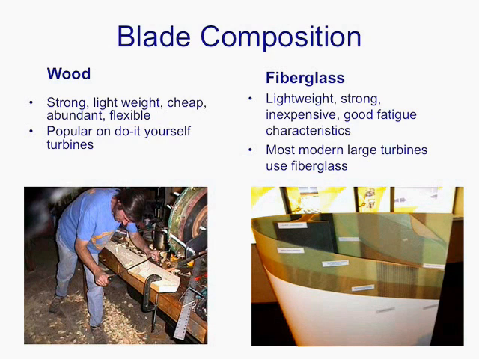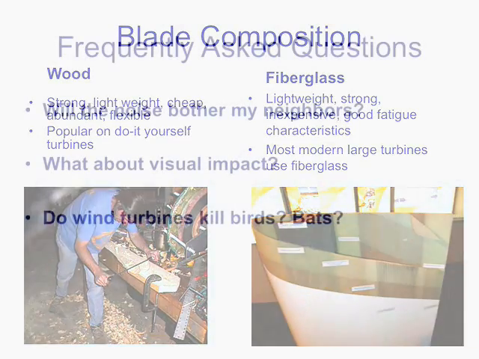Actually, the constant torque from being turned would fatigue aluminum, and so better materials are wood. Wood's used especially for the smaller turbines, or for the larger turbines it's typically fiberglass, which is lightweight and strong.